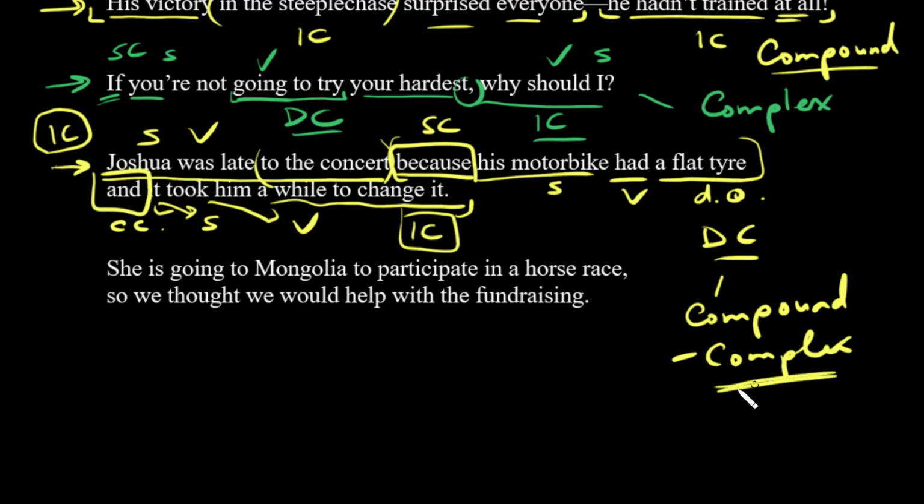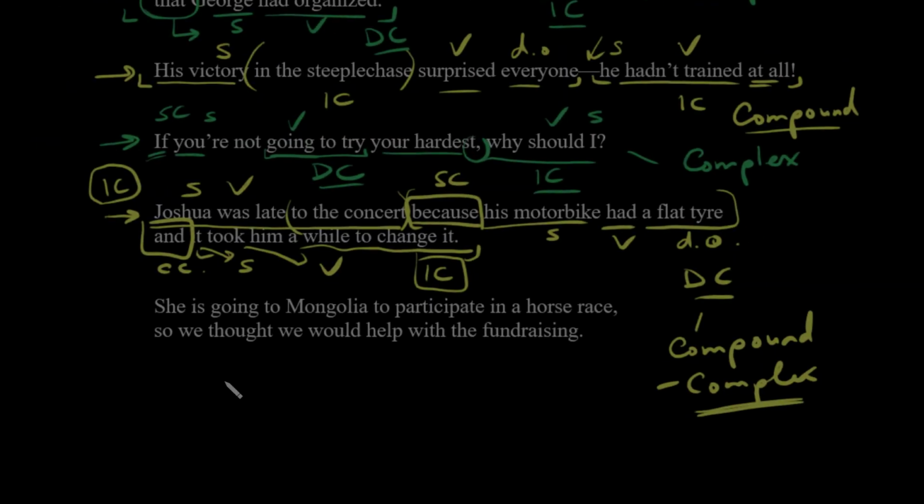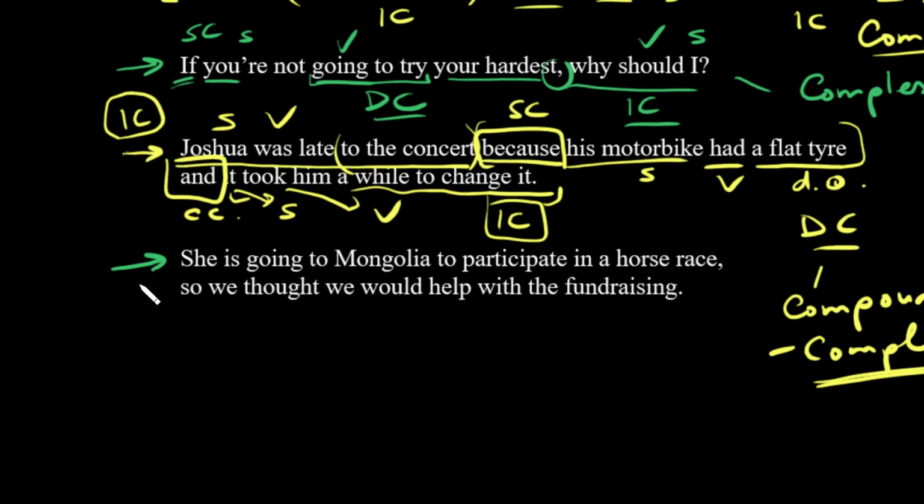Pretty fancy term. One last one, and let's see if we can figure this one out to end with. So the last one here reads, she is going to Mongolia to participate in a horse race, so we thought we would help with the fundraising. And you can see that this whole first part here is an independent clause.